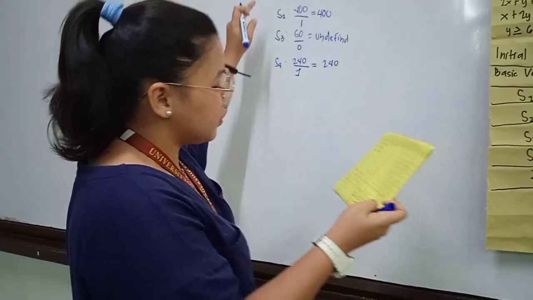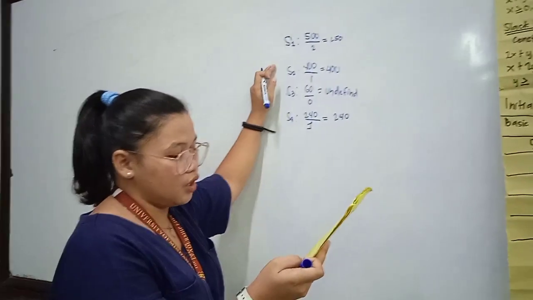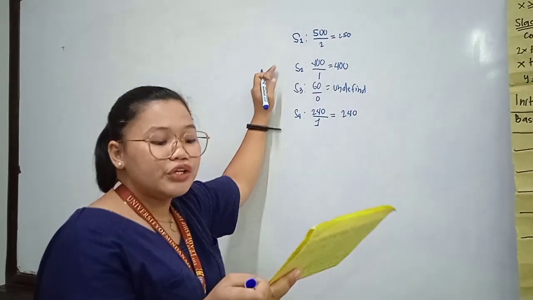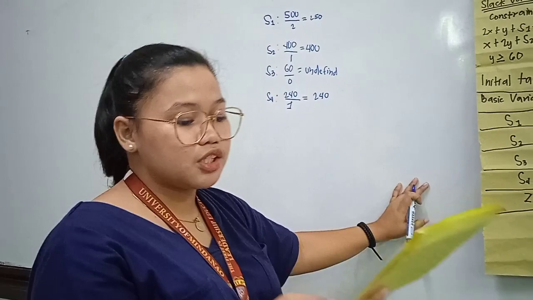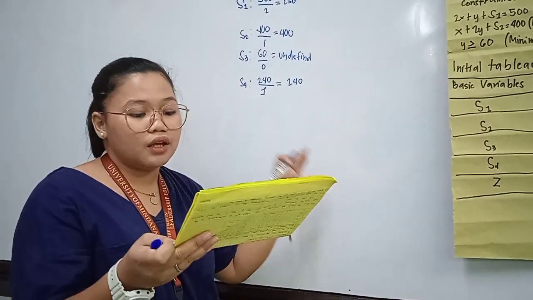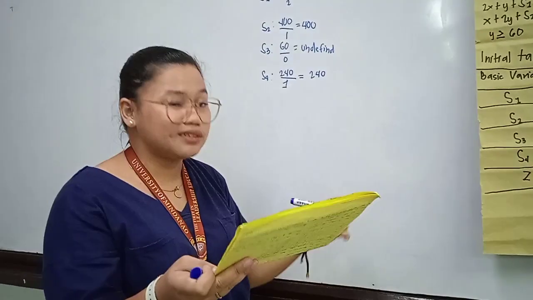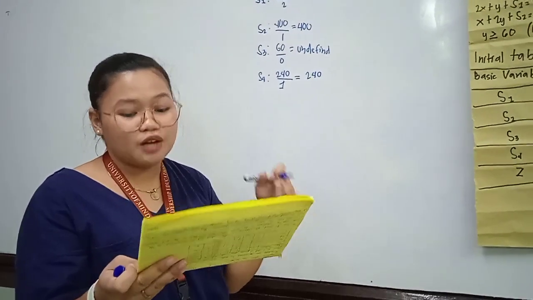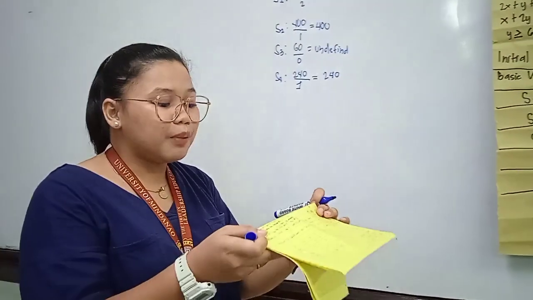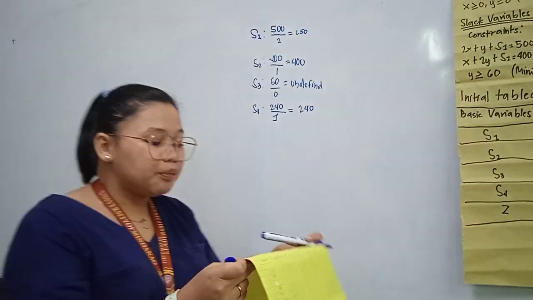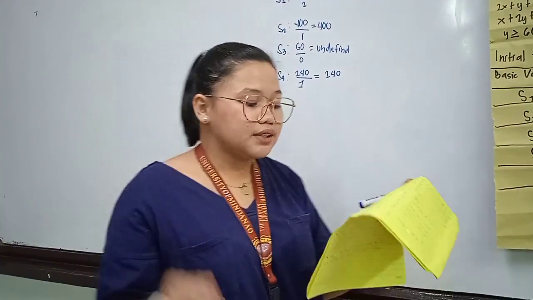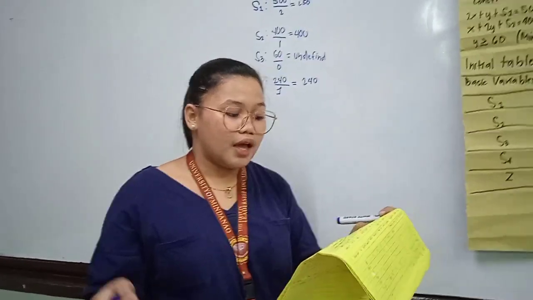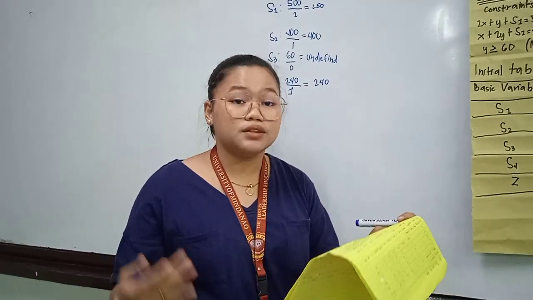So, divide the pivot row by the pivot element to make it 1. Use row operations to make the other entries in the pivot column 0. Repeat this step until all coefficients in the bottom row are non-negative.